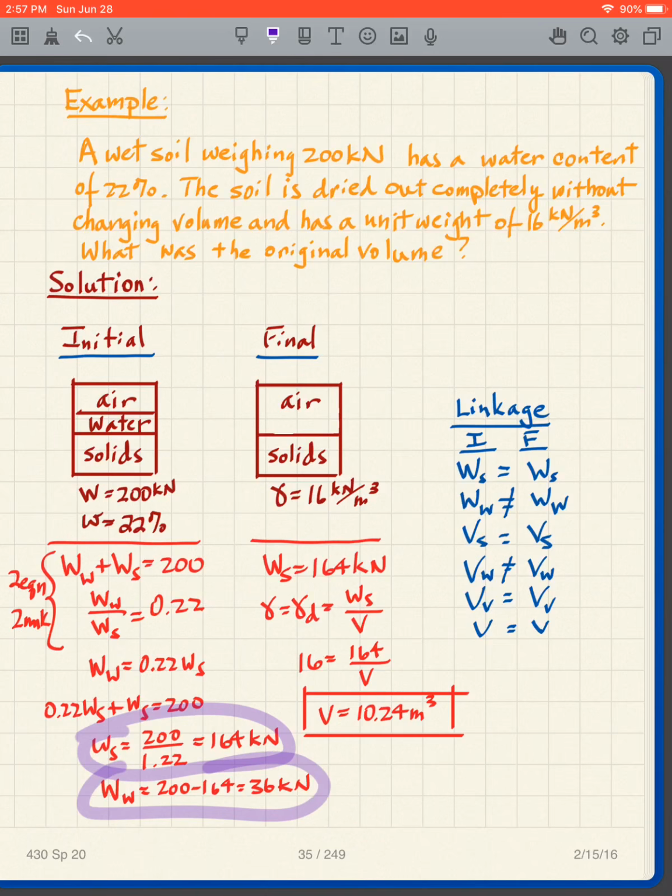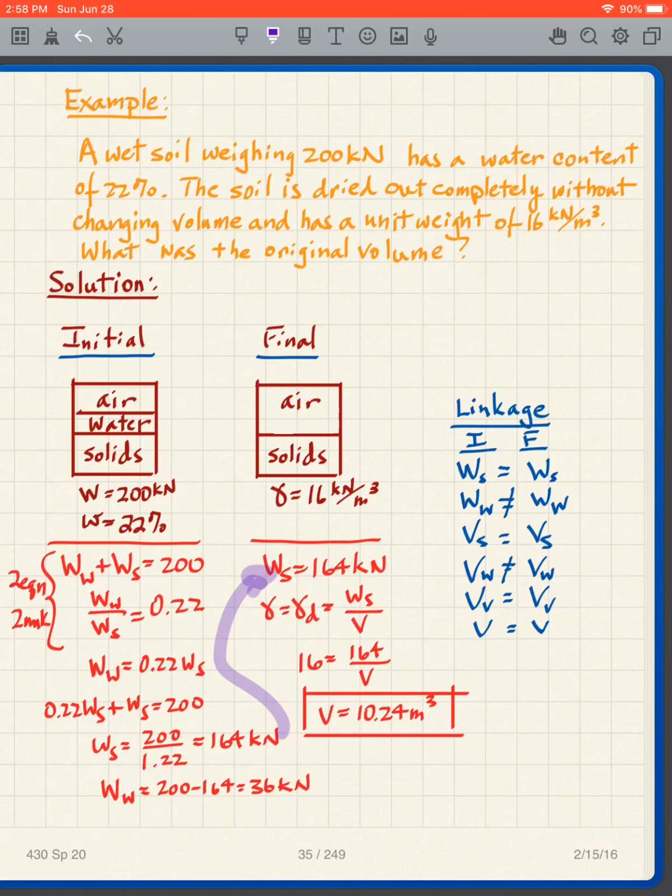Now, what do I know about the before and after? Well, I know that the weight of the solids is the same before and after, so I take the weight of the solids, I put it there. And then what else do I know? I know that my density is 16 kilonewtons per cubic meter, and that is gamma D because it's dry, which is the weight of the solids over the volume.